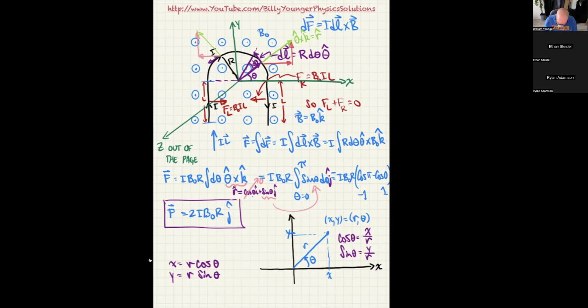So if you want an r vector like that, then it's clearly going to be r cosine theta i hat plus r sine theta j hat. But if you want a unit vector, you have to divide the r vector by its magnitude, which I think you can see is going to be r. And then you, of course, get cosine theta i hat plus sine theta j hat.